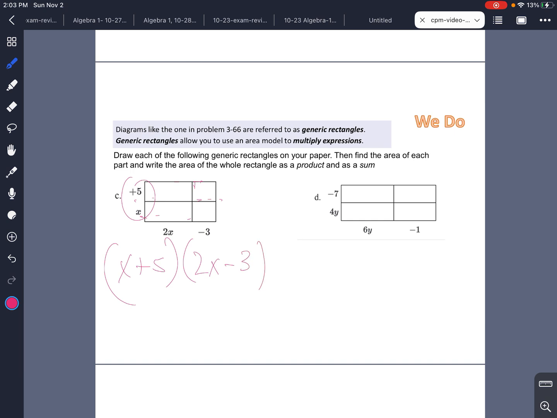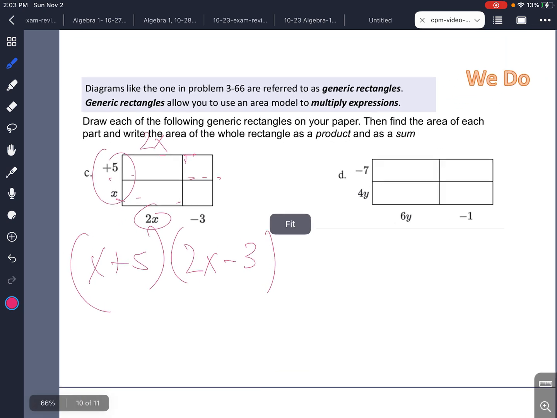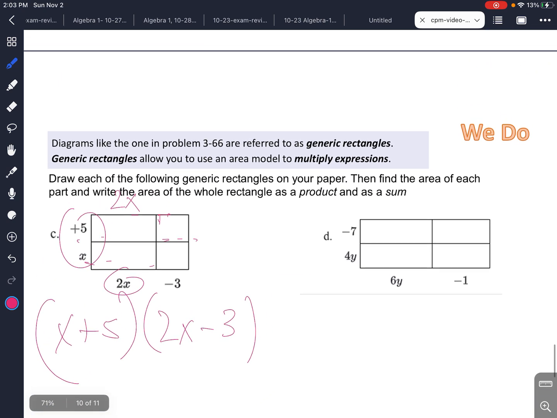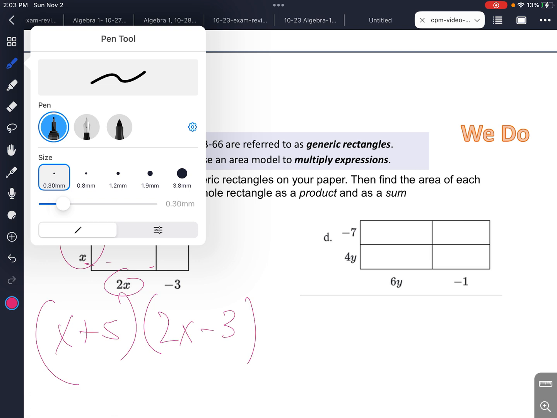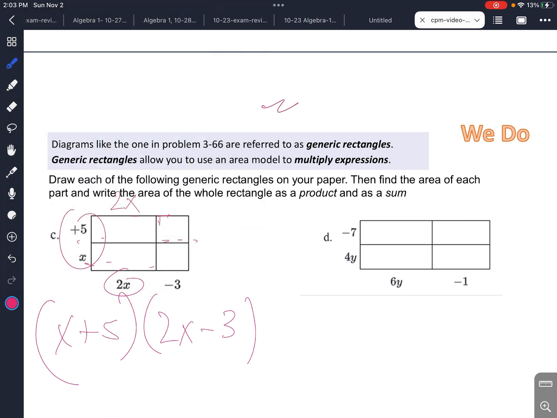Let's do the rectangle. So this is 2x, then this must be 2x. So what do I have here? Here I have 2x times 5, right? And here I have negative 3 times 5.